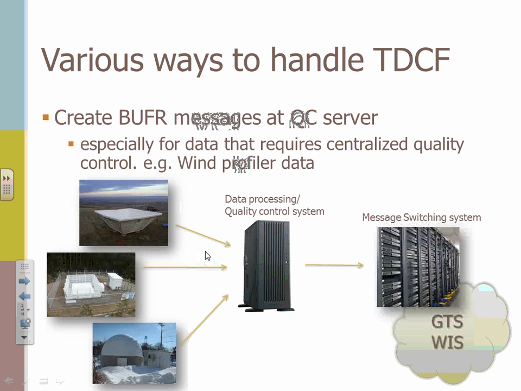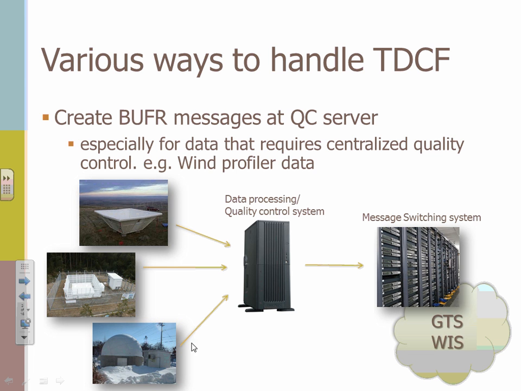So handling, maybe I'm now mainly talking about creating buffer messages. There are various ways to handle TDCF. In many cases, buffer messages are created at the data processing or quality control system. So radar or wind provider data probably send the data to the data processing quality control system.